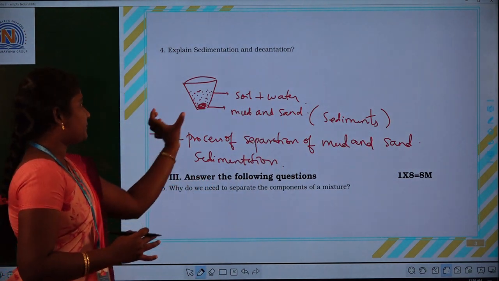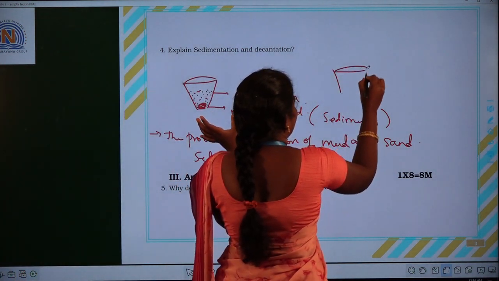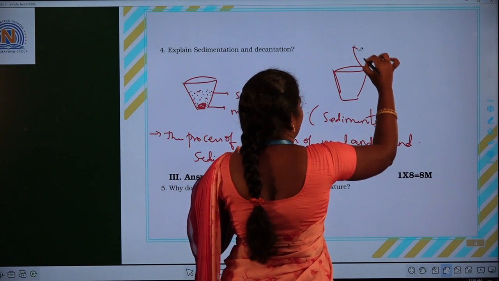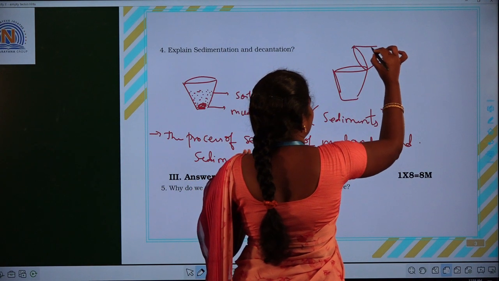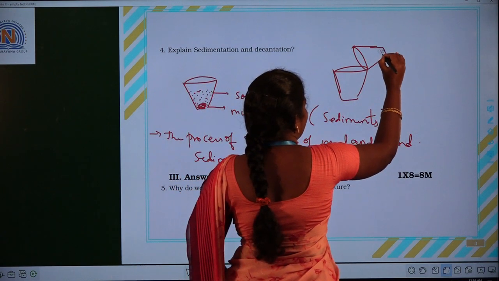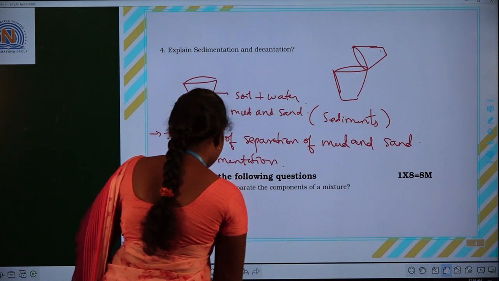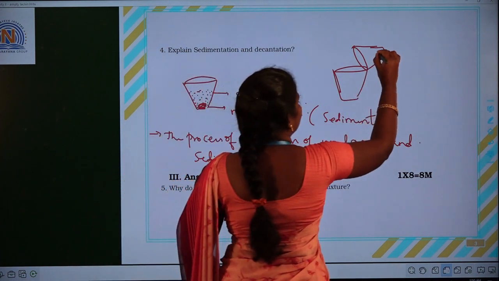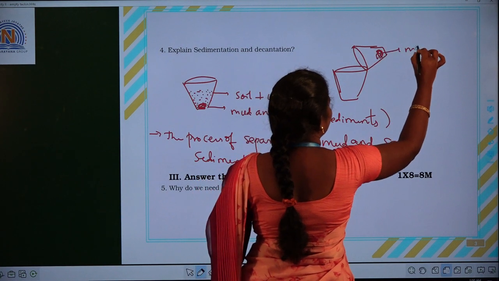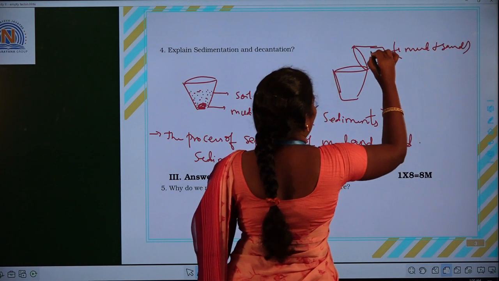Okay, next lift up the glass tumbler and keep it into another glass tumbler in an inclined position. Already the glass contains sediments, which are mud and sand along with water.